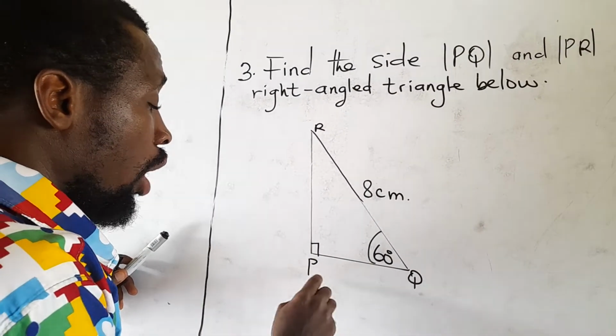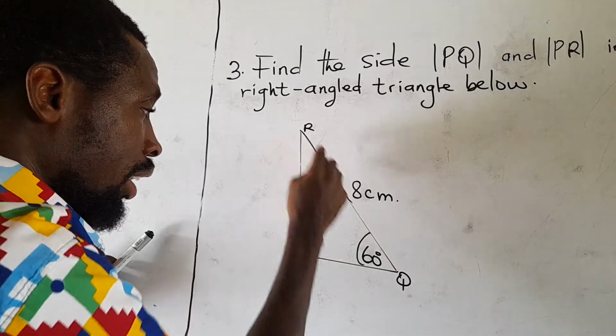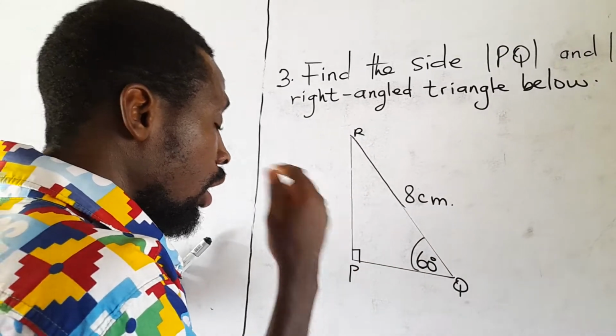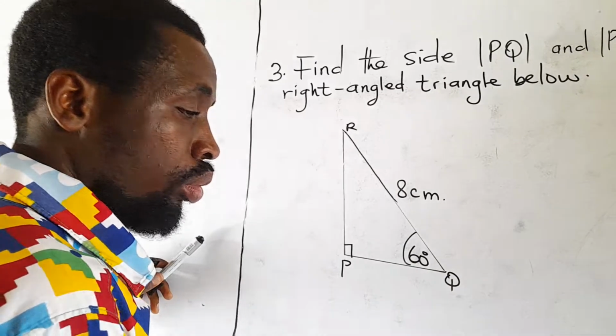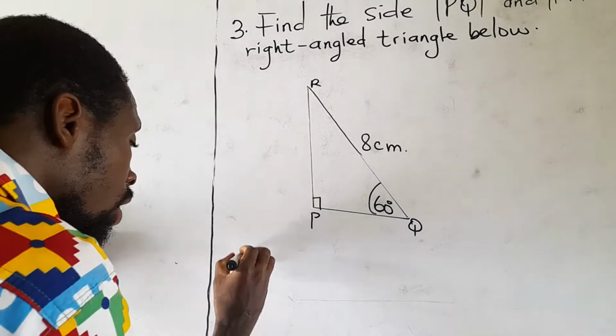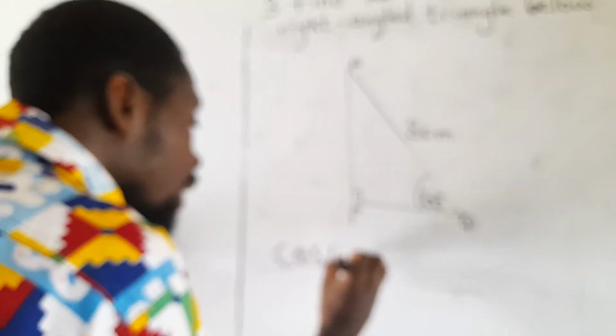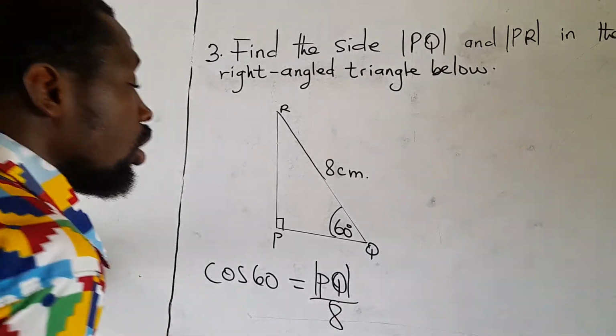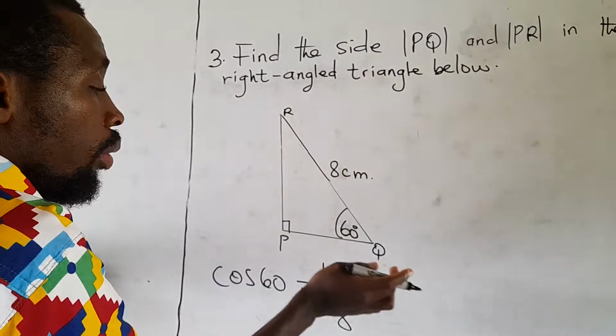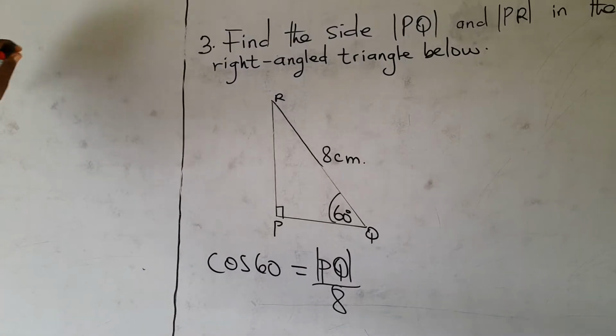So if you want to find PQ, that's adjacent against the hypotenuse, then we'll say that's cos. So we can say that cos 60, that's cos of the angle here, will be equal to the adjacent PQ over the hypotenuse QR, which is 8.